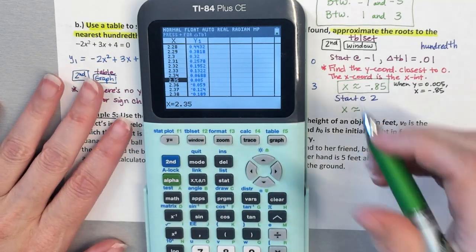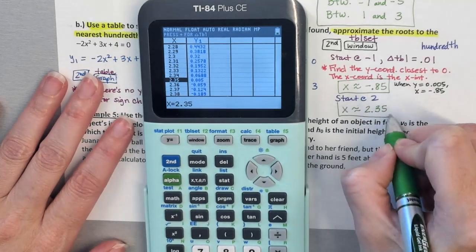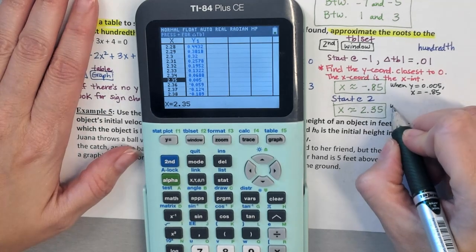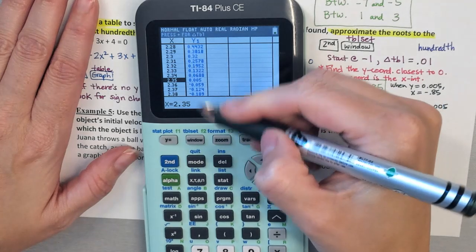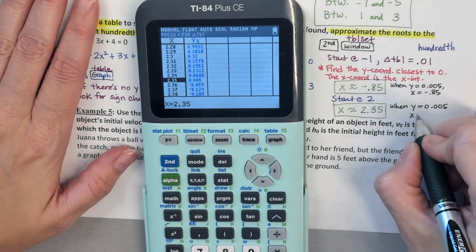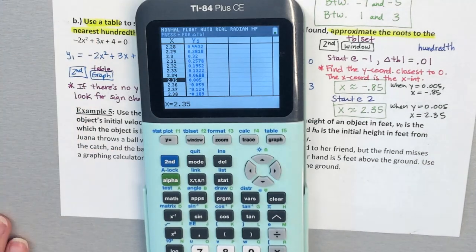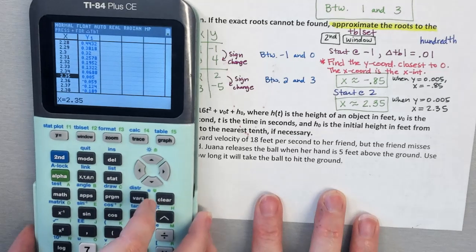And then you find the corresponding x value, which is 2.35. And again, that's just because this value was closer to 0 than any other y value. Okay, and you have to find both of your answers there.